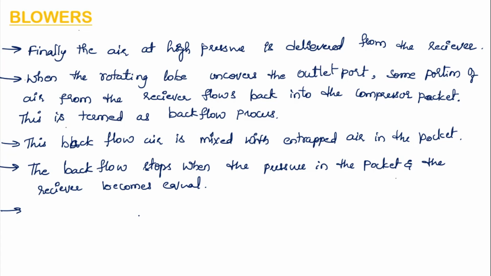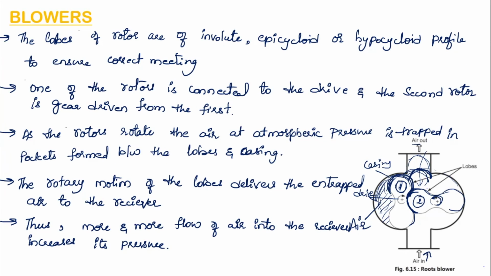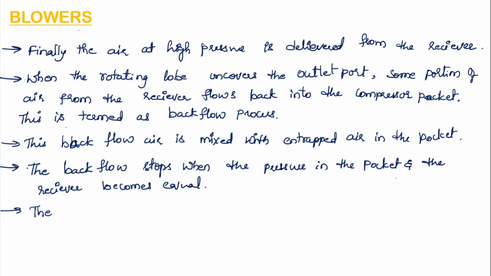That is why the pressure of the air which is entrapped in the pocket is increased at constant volume entirely by the backflow of the air. So already I have told you that the air is entrapped in between the casing and the lobes. This entrapped air's pressure will be increased at a constant volume by the backflow of the air.